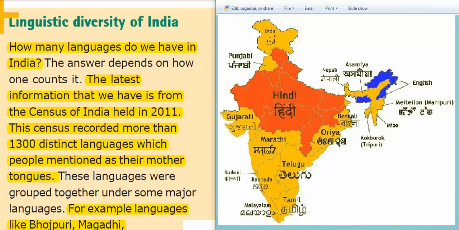Question is, how many languages do we have in India? The latest information that we have is from the Census of India, which was held in 2011. This census recorded more than 1,300 distinct languages, which people mentioned as their mother tongue.